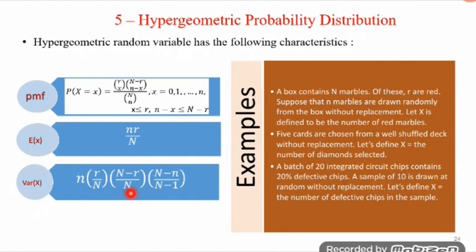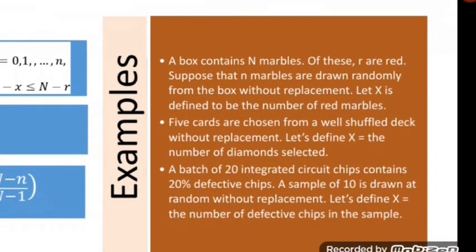Finally, we multiply this component by a factor, which is N minus n divided by N minus 1. By this fraction we can differentiate between the variance formula of the hypergeometric and the binomial distribution. And here we can discuss some examples of hypergeometric distribution.